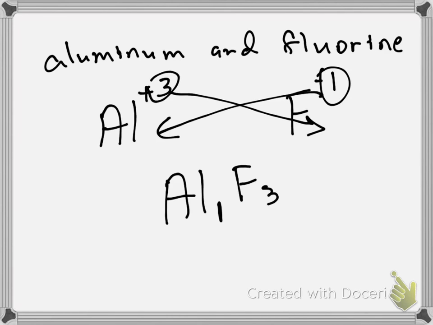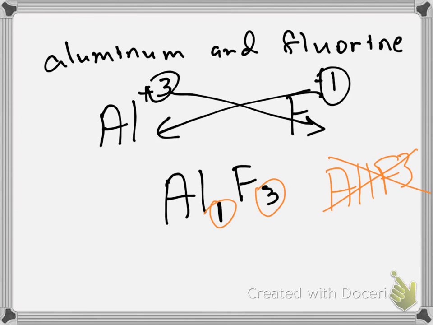Now, when you're doing this, you need to do a couple things. Number 1, you need to make sure that these subscripts are down, because if you write Al1F3, I'm going to mark it wrong. You need to make sure you're doing it with a subscript, not a normal size script. Don't move the positive and negative over.